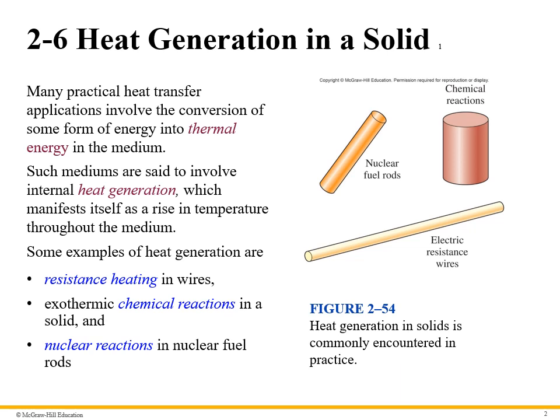If you run current through a wire, the current itself can generate heat, because you have the power of the current, which is I squared times R. And that heat is generated throughout the wire and then conducts itself to the surface. You also have chemical reactions inside of a chamber, inside of a solid. Another example is nuclear reactions inside of a fuel rod.